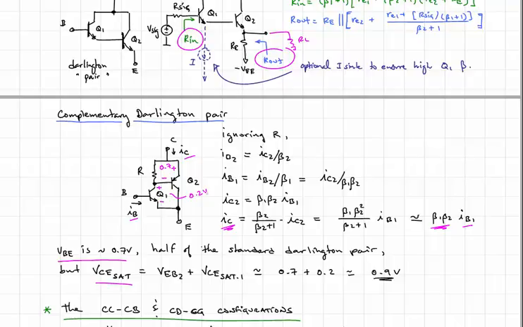So that means if you're using this in an output stage and the collector is tied up to the supply, then the emitter cannot come up as close to the supply as it could if you had the non-complementary Darlington pair.